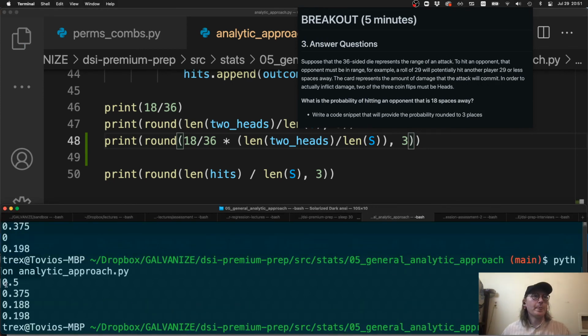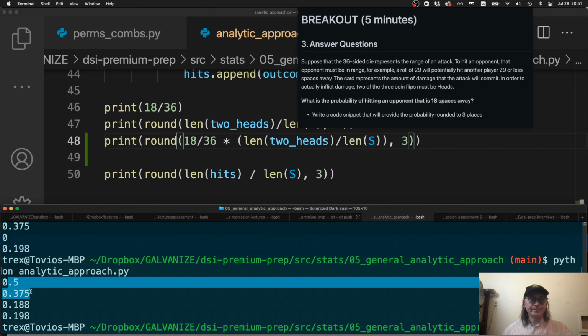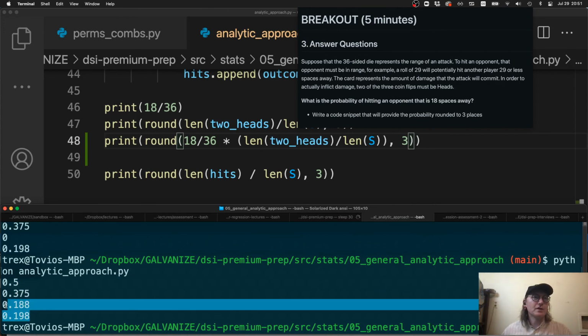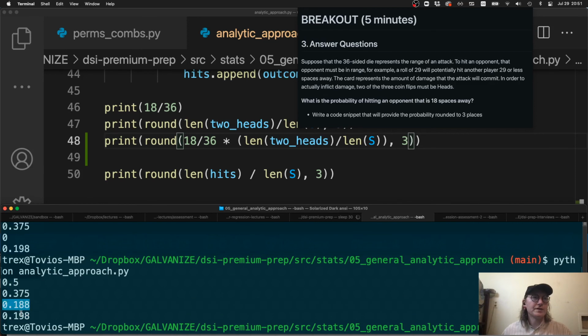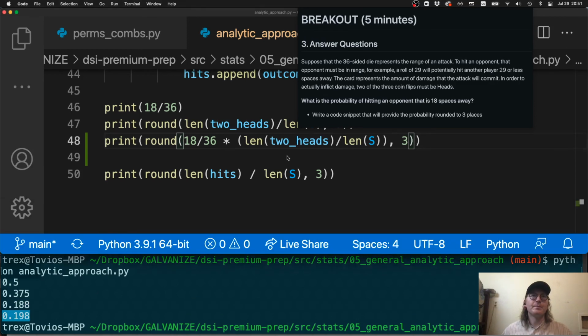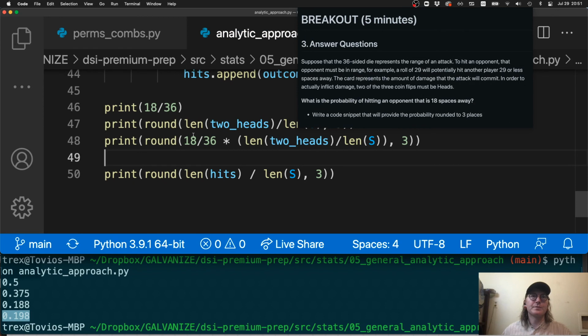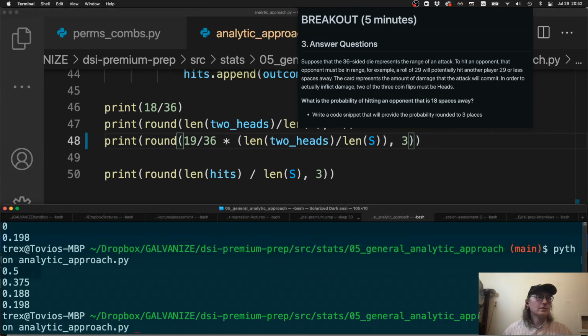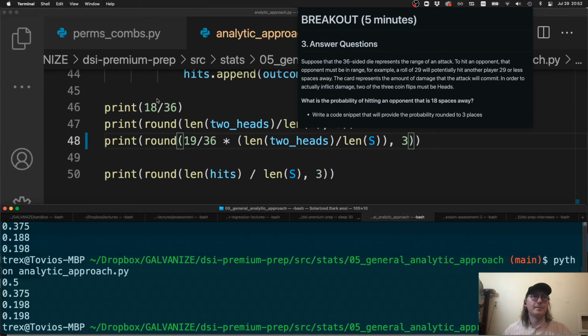So multiplying these two together gets us very close. We get 0.188 in this case, but I think that's because, let's see, this might actually need to be 19 out of 36 if I'm thinking about it correctly. Yep.